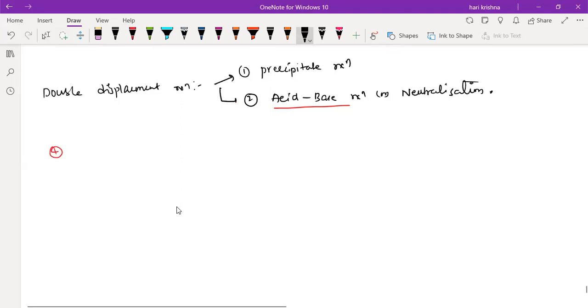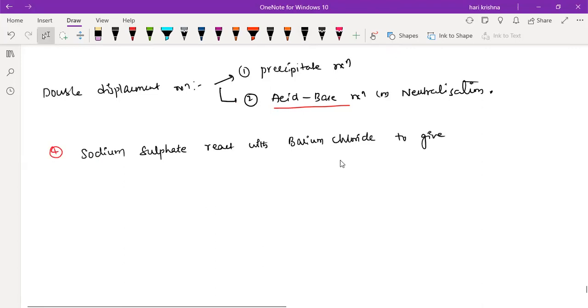Sodium sulfate reacts with barium chloride to give barium sulfate and sodium chloride.